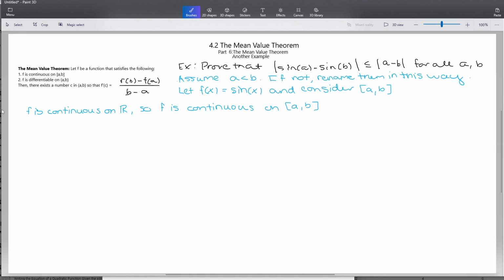Then we're going to check our second condition, that it's differentiable on the open interval AB. So we're going to look at f prime of x. We know that for sine, the derivative is cosine, which is defined everywhere.